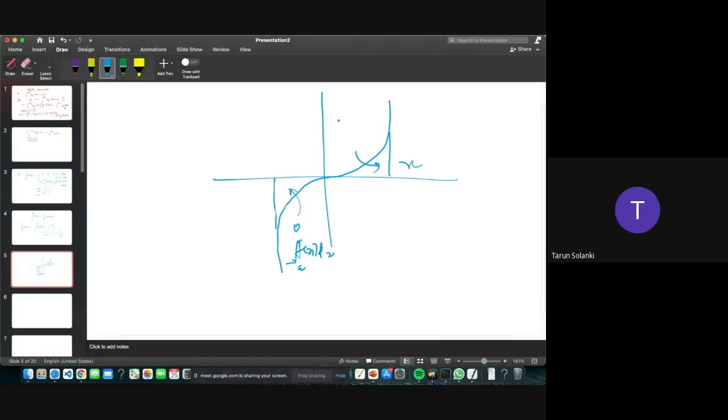Similarly, we write from 0 to a of f of x dx. So it becomes the integral from minus a to 0 of f of x dx is equal to minus the integral from 0 to a of f of x dx.